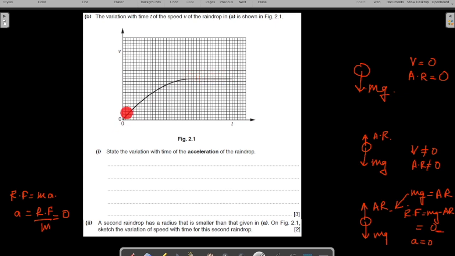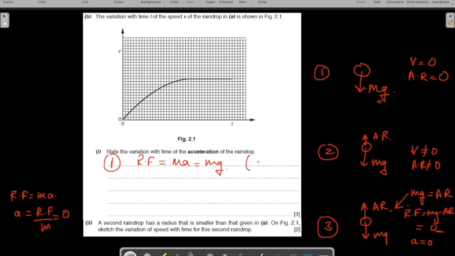So initially your acceleration was g. Consider the resultant force in the first situation, second situation, and the third situation. In the first situation, the resultant force was ma, which is mg.